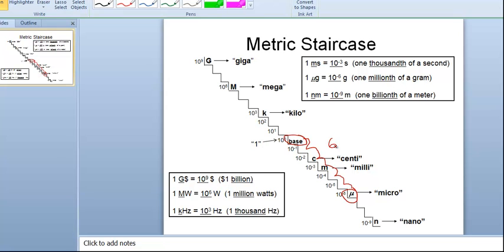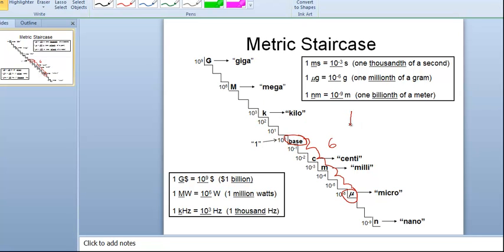So that's 6 steps. And in order to set up the equivalence statement, so that's the very first thing and the most important thing that you have to establish when you're doing unit conversions. My recommendation when you're using the metric staircase is that you always start by listing the unit on the top, the one that's furthest up. So here it's just plain grams.